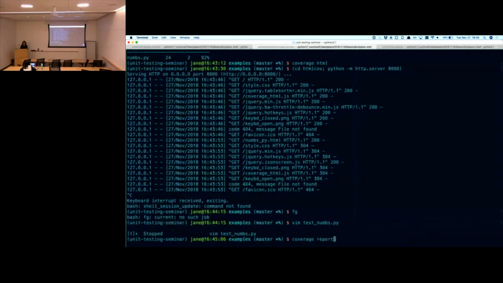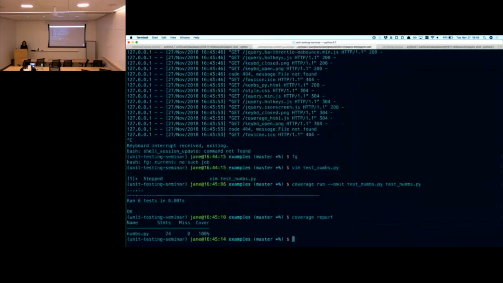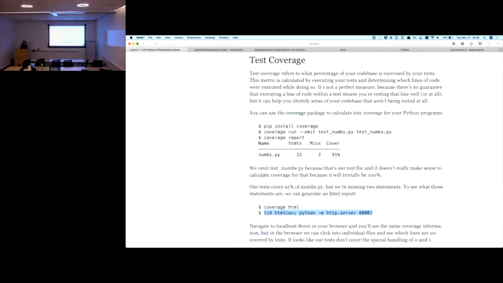I'm going to run coverage again. Now I'm running 6 tests instead of 4, and my coverage is at 100%. So 100% test coverage is really satisfying.